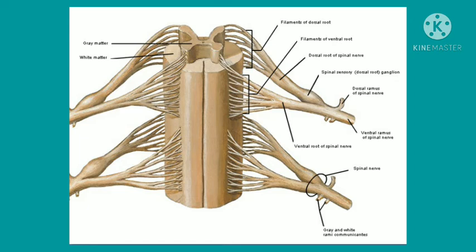Each spinal nerve is attached to the spinal cord by two roots, the anterior motor root and the posterior sensory root. The posterior root has a ganglion, the posterior root ganglion, consisting of pseudo-unipolar cells. Each of the two roots is made up of a number of rootlets that arise from the spinal cord over a certain length.